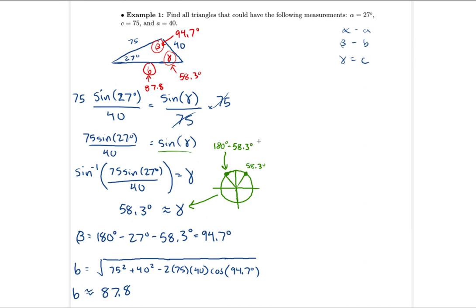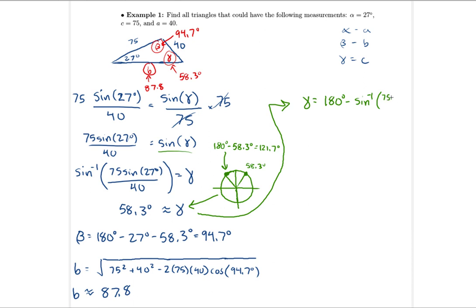And that gives me 121.7 degrees. So at this stage, what we should have done is say, okay, that's great that gamma is 58.3 degrees, but there's also an alternative. That alternative is that my gamma could also have been 180 degrees minus the inverse sine.